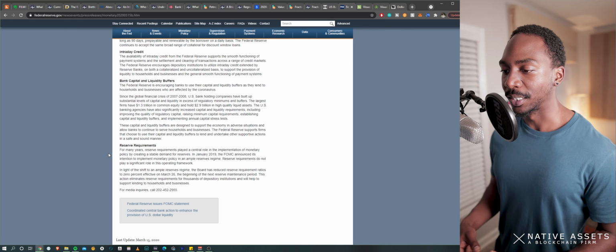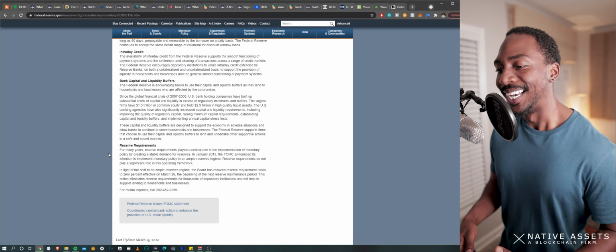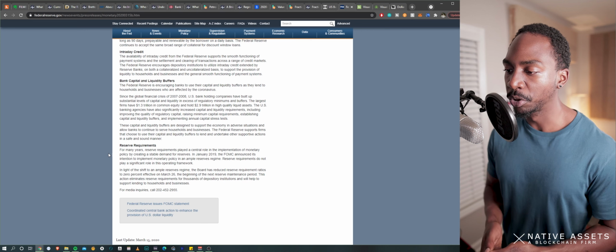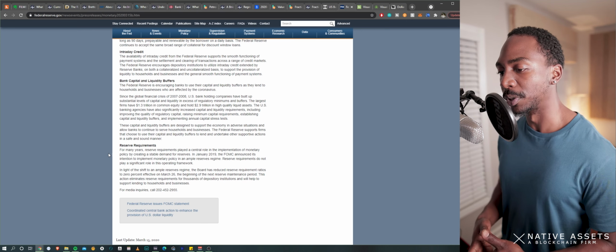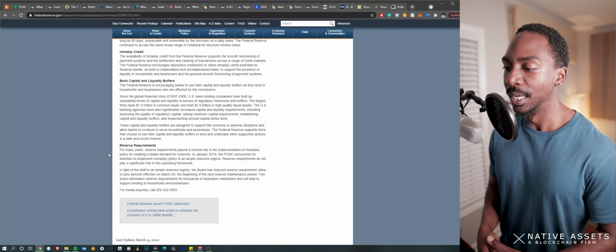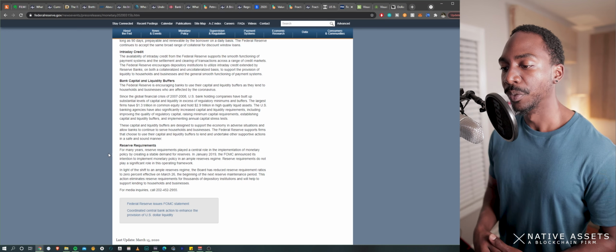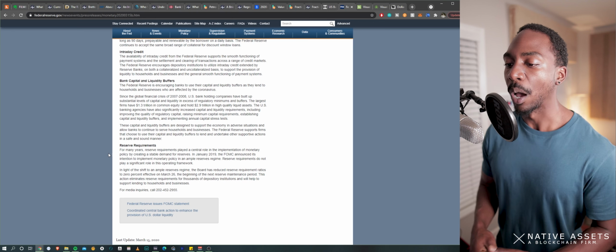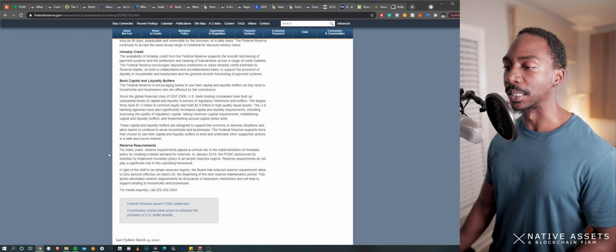Reserve requirements do not play a significant role in this operating framework. In light of the shift to an ample reserve regime, the Board has reduced reserve requirement ratios to 0% effective March 26, the beginning of the next reserve maintenance period. This action eliminates reserve requirements for thousands of depository institutions and will help to support lending to households and businesses.